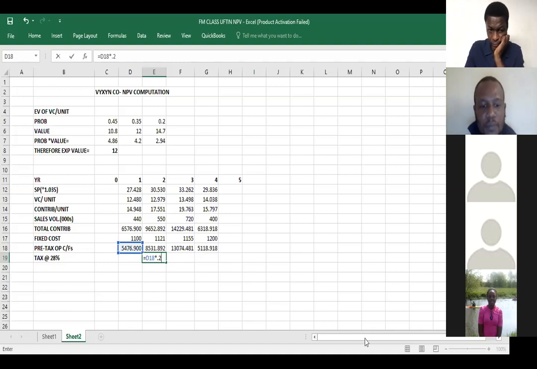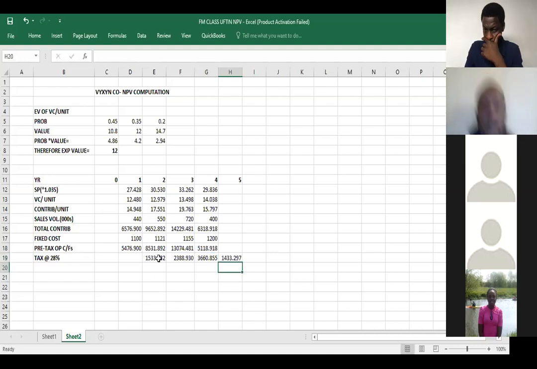The next year, year 2, is likewise multiplied by 0.28, and so on, up to year 5. And we're done with that.